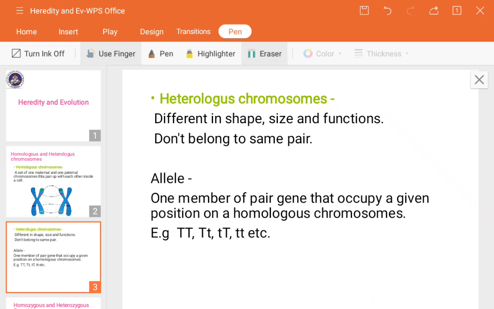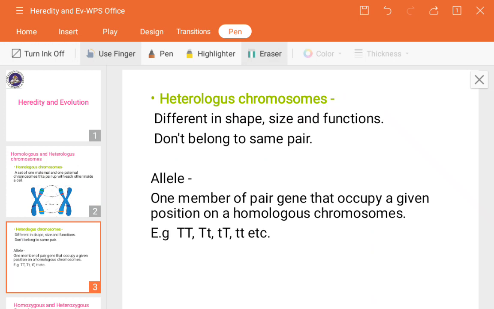For that reason he self-pollinated the offspring, and later in the second generation he got a dwarf plant. In the F2 or filial generation, three were tall plants and one was the recessive plant. So three were dominant and the last one was the recessive dwarf plant.